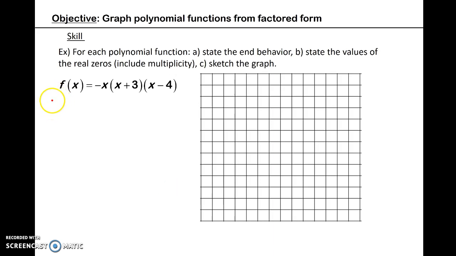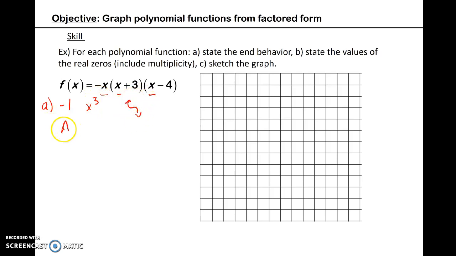Here you can see for part A, to state the end behavior, we have a negative leading coefficient. So a -1 is our leading coefficient, and we have 1, 2, 3 x's, which gives us x cubed. So our function is going to look something like this.